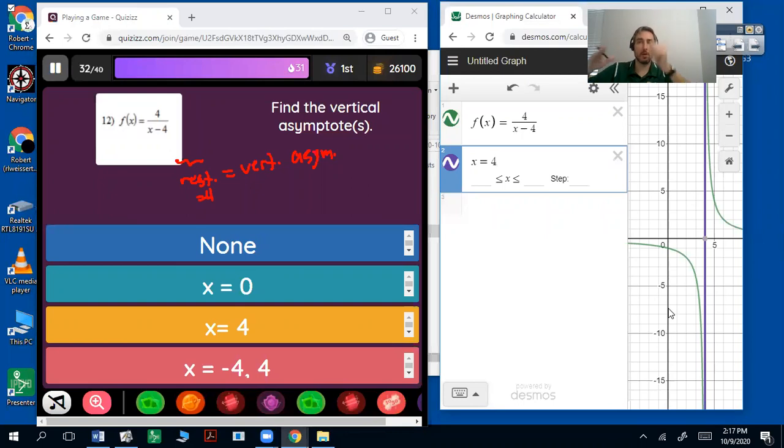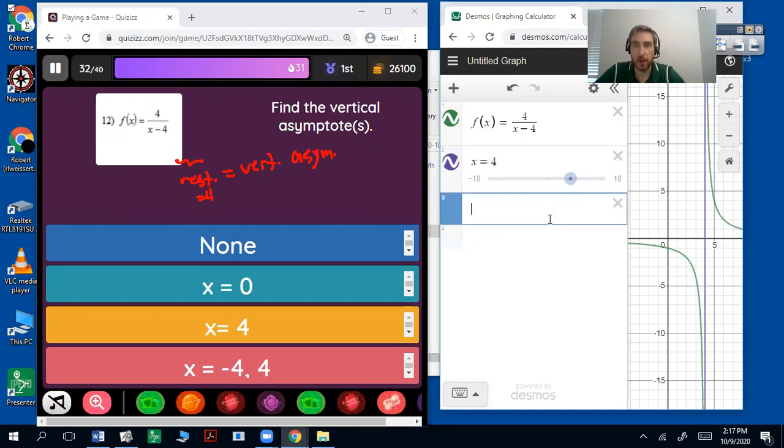It acts really weird when it goes up here, goes down there, and it's just trying to avoid it. So x equals 4 is going to be right here, and of course if you move that around, 0, that's not going to work. That's going right through it. And the negative 4, that's all the way over there. So 4 is going to be right here.